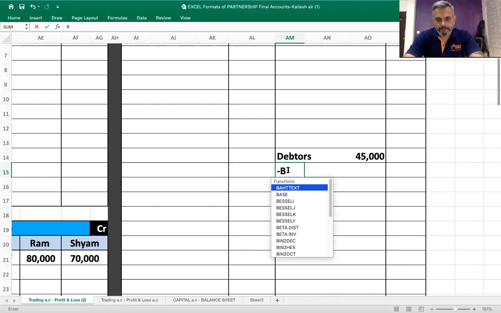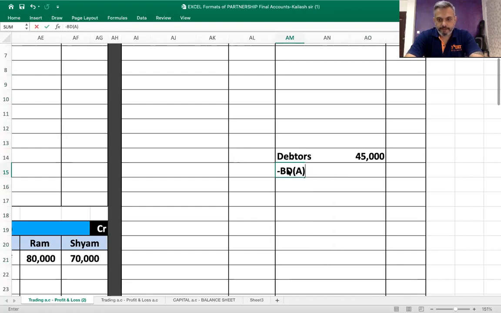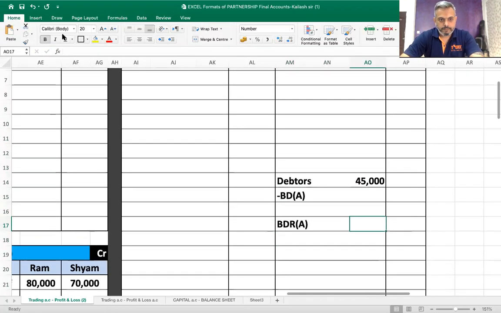minus bad debt as per adjustment, then minus bad debt reserve as per adjustment, we underline.